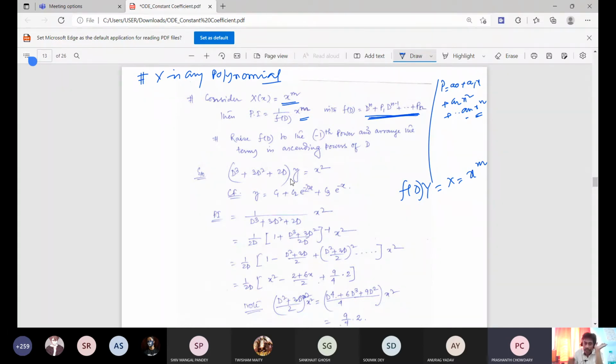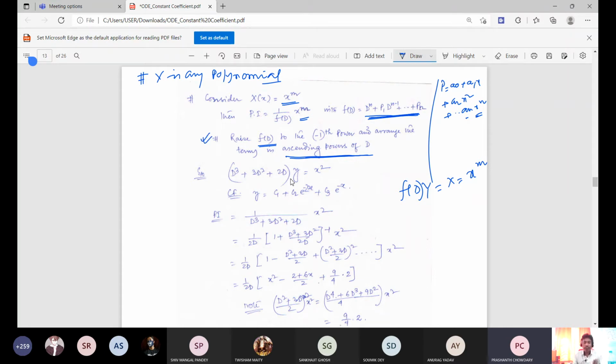That means 1 by fd, you have to expand it in terms of a binomial series of d, try to expand the series in ascending power of d. This is what we have to do.